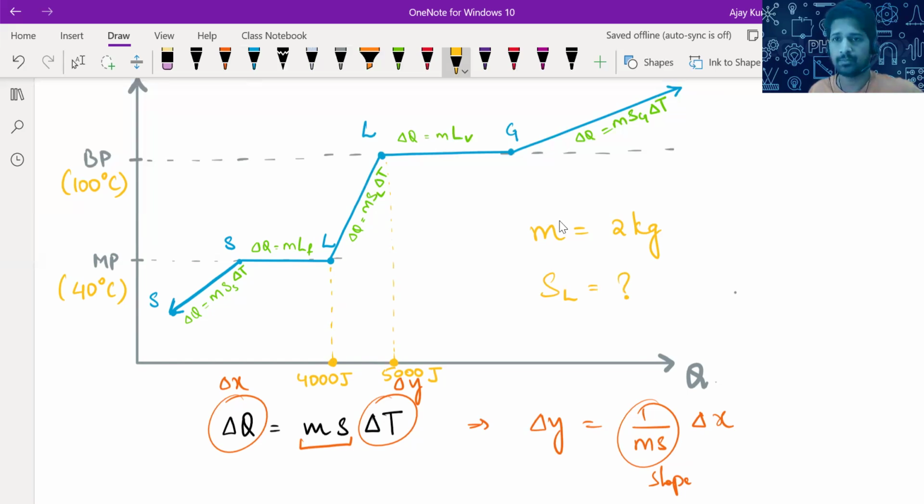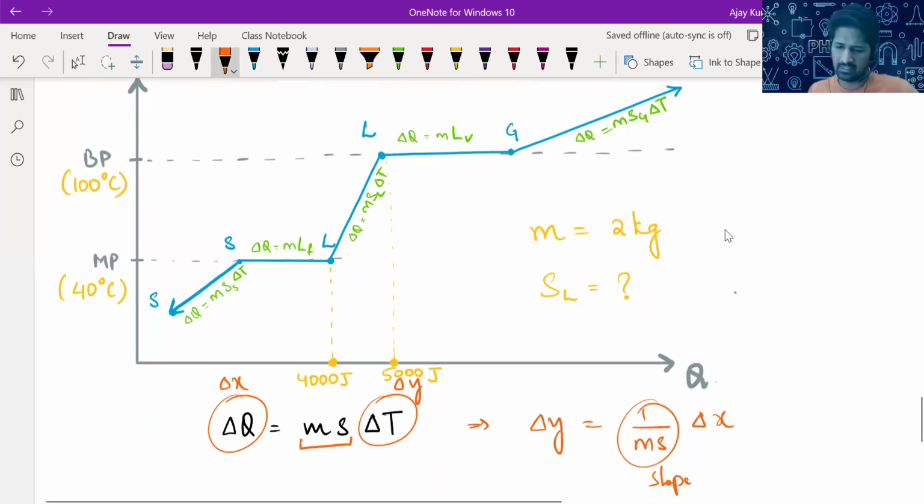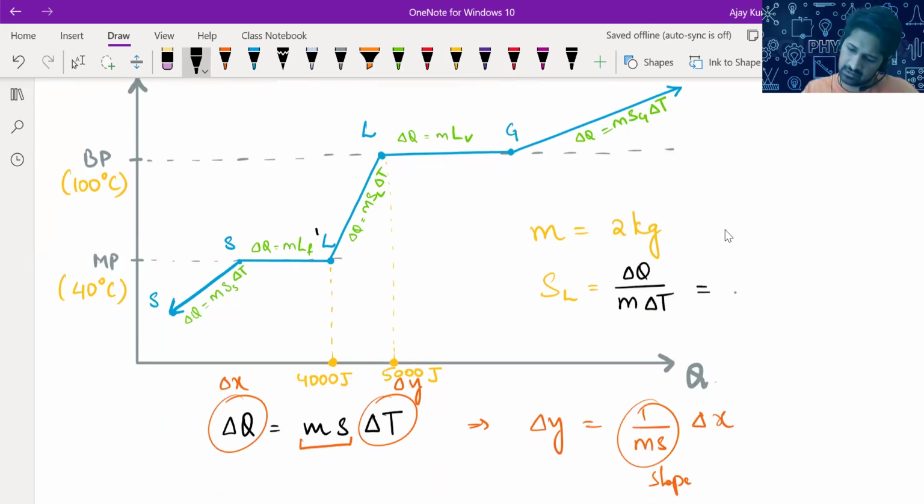Solve this quickly. Okay, fine. It's a direct question. You need specific heat. Specific heat is delta Q divided by M delta T. That's all. Now we need specific heat in the liquid state. In liquid state, the material is going from this temperature to this temperature. When heat changes from 4000 to 5000, delta Q is 1000.